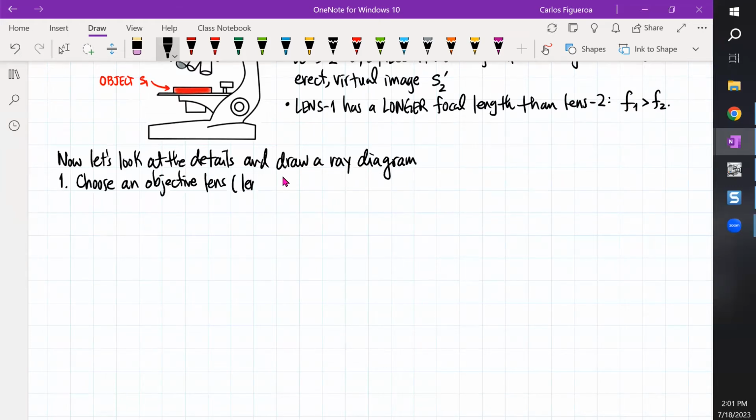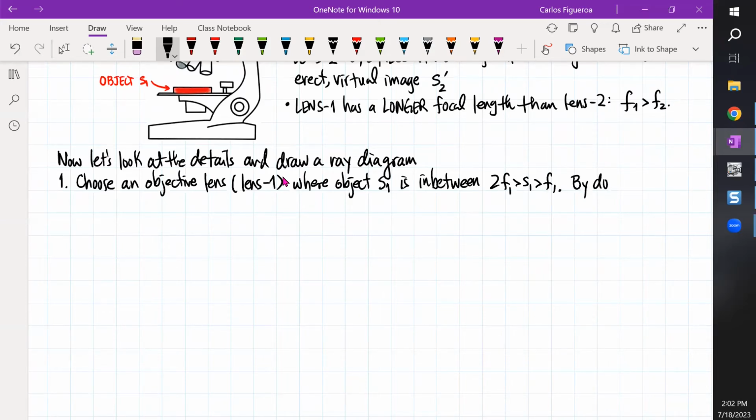Remember, I call that lens 1, where object S1 is in between 2F1 and F1.